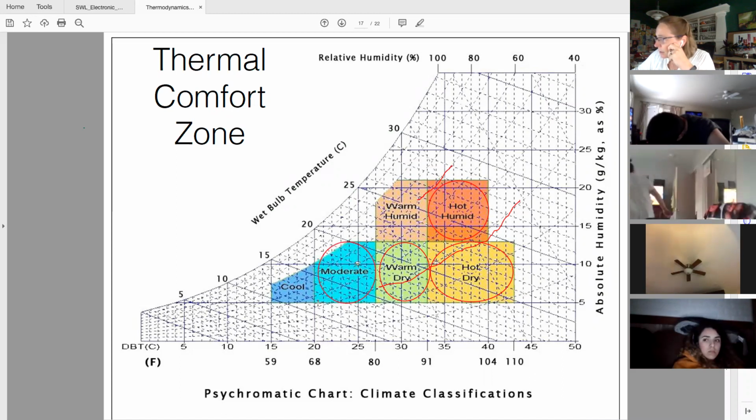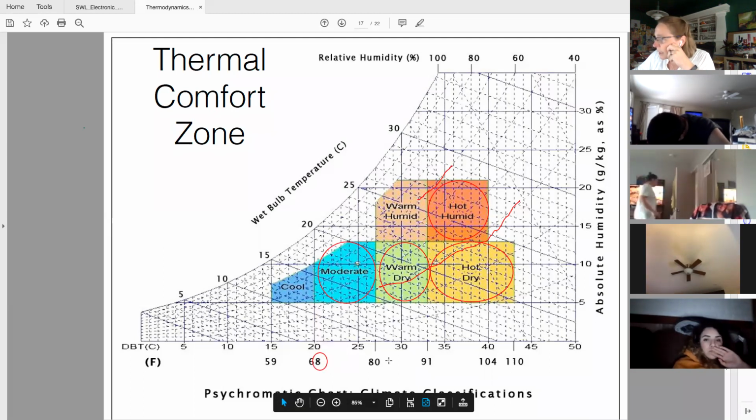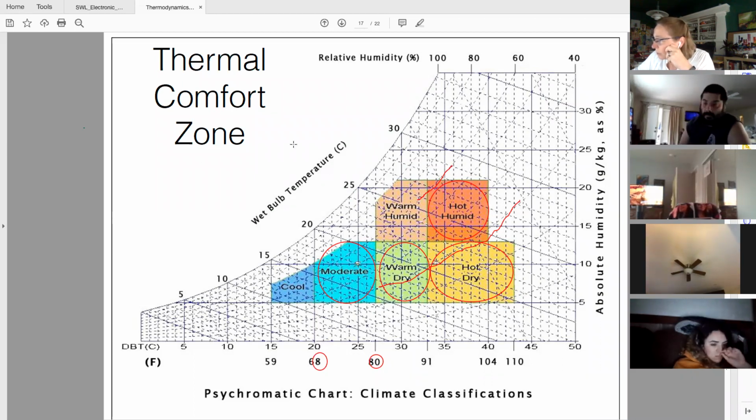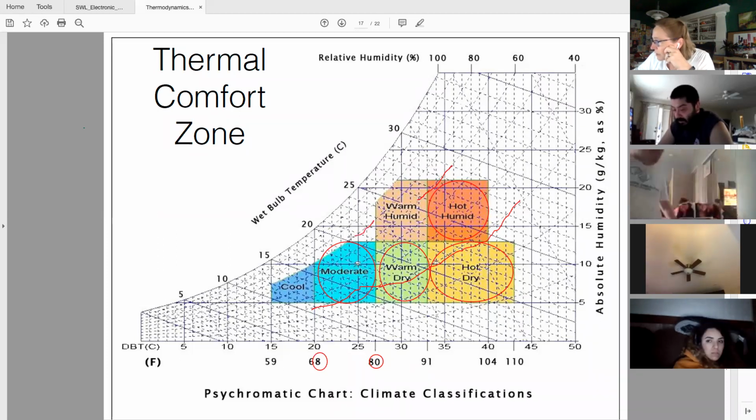This is what is fairly ideal, typically between 68 and 78 degrees, between 30 percent relative humidity and less than 70% relative humidity.